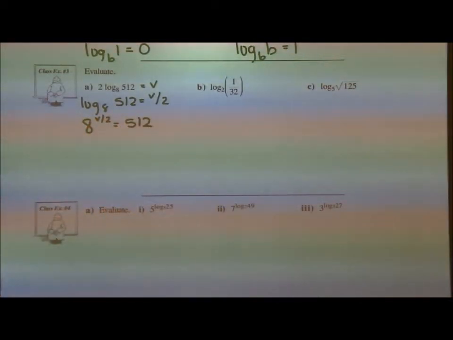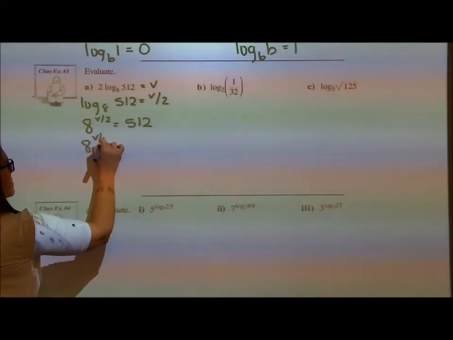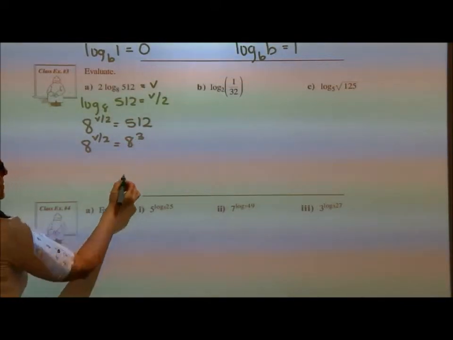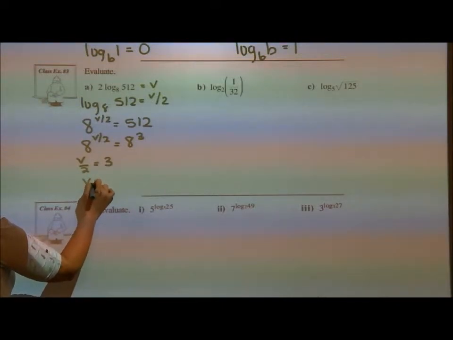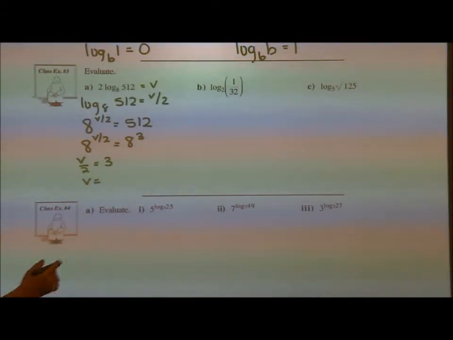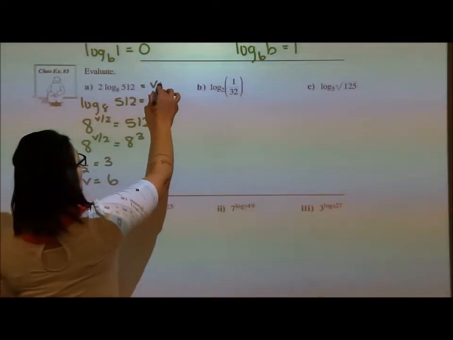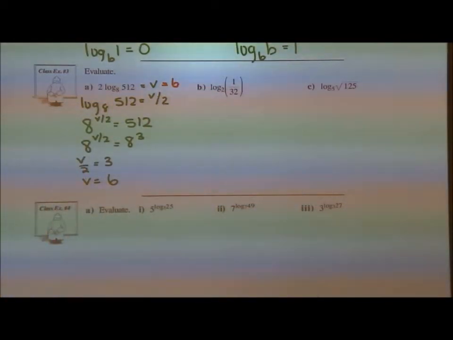Okay. Can I write 512 with a base of 8? 8 to the power of 3. So I have that v over 2 is equal to 3. So what does v equal? 6. So then 2 times log base 8 of 512 will equal 6.